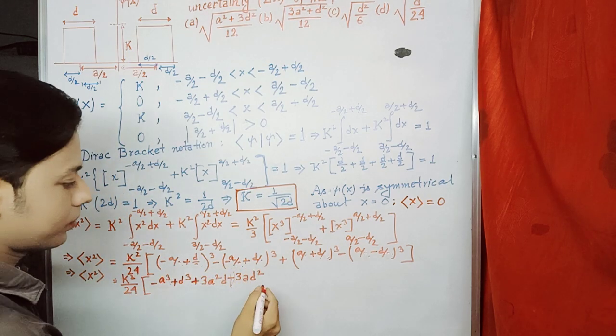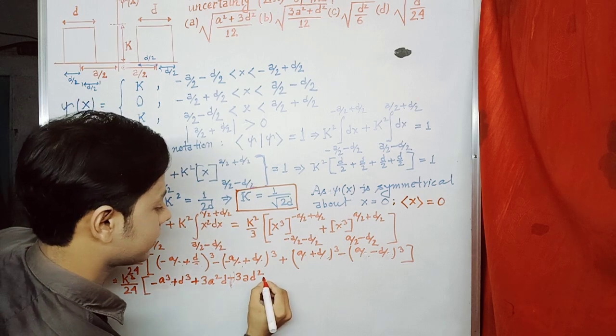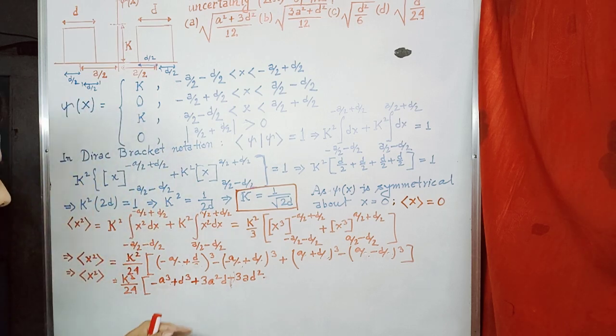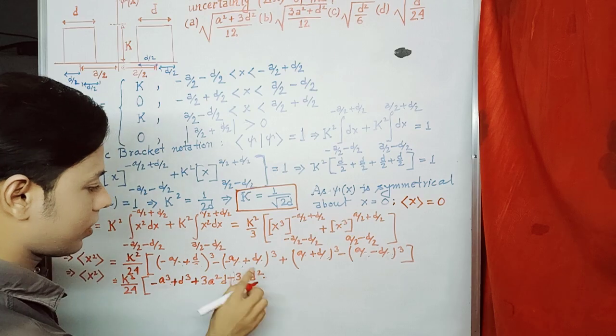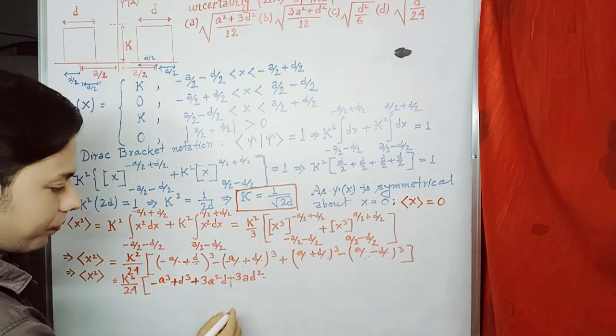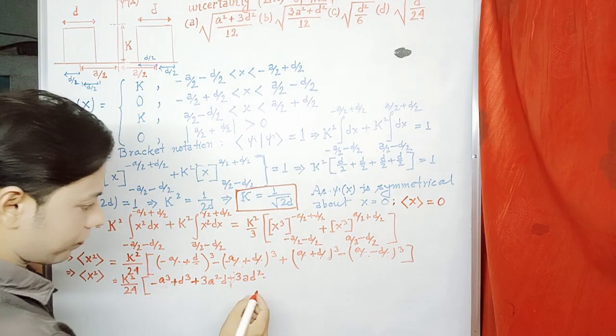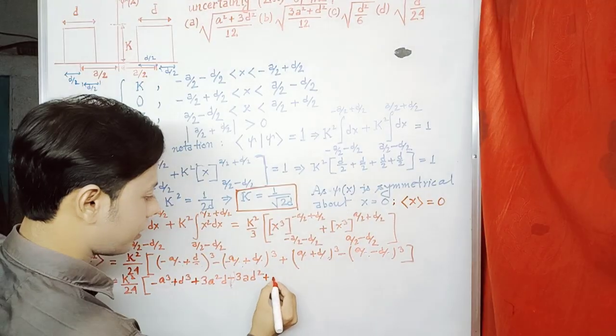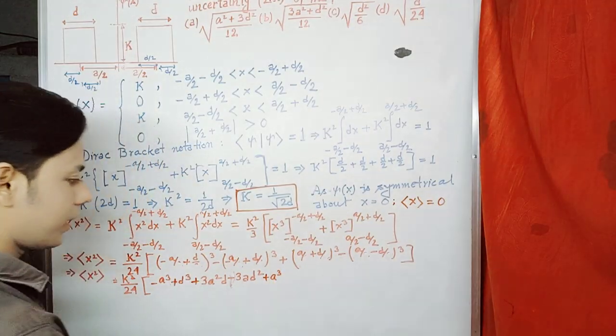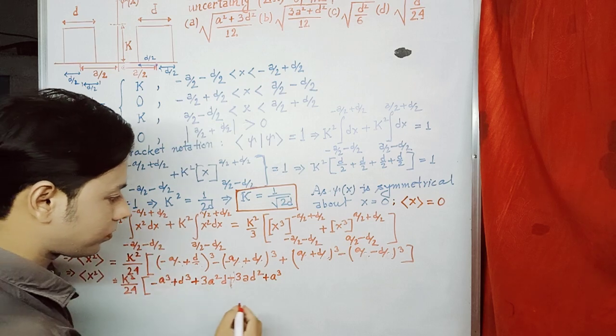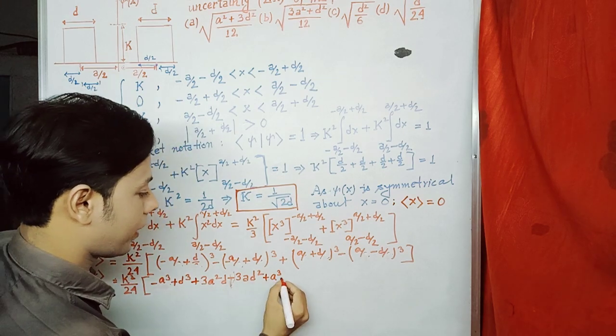The next term will be minus a cube, and this minus and minus will be plus, so plus a cube minus d cube.